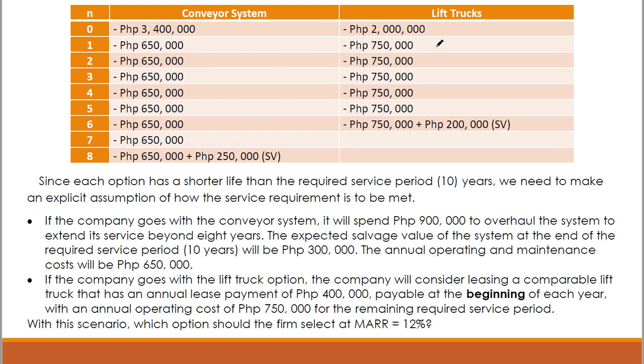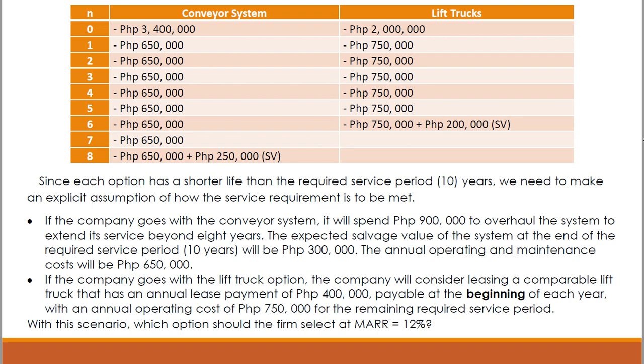Okay. So, since each option has a shorter life than the required service period, which is 10 years, okay? So the conveyor system has 8 years, lift trucks only 6 years. Okay? So we need to make an explicit assumption of how the service requirement is to be met. So we're now going to plan what we are going to do. This is the life of the conveyor system, this is the life of the lift trucks.